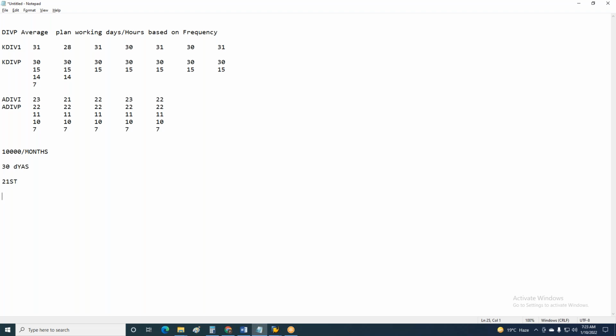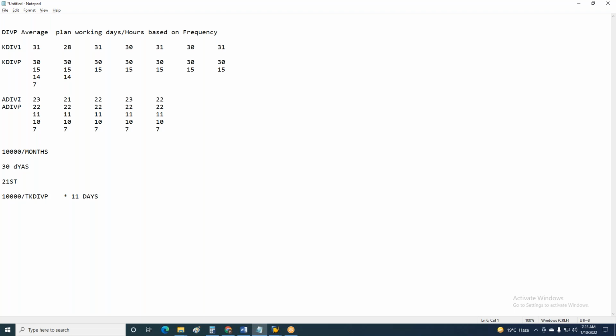Now the daily rate is calculated as 10,000 divided by DIVP, then multiplied by 11 days. 10,000 divided by 30. Even if it is January, it is 30. February, it is 30. March, it is 30. So it's an average plan working days.